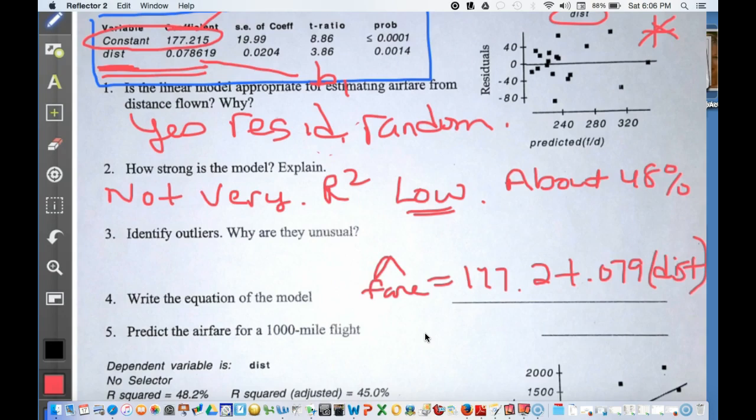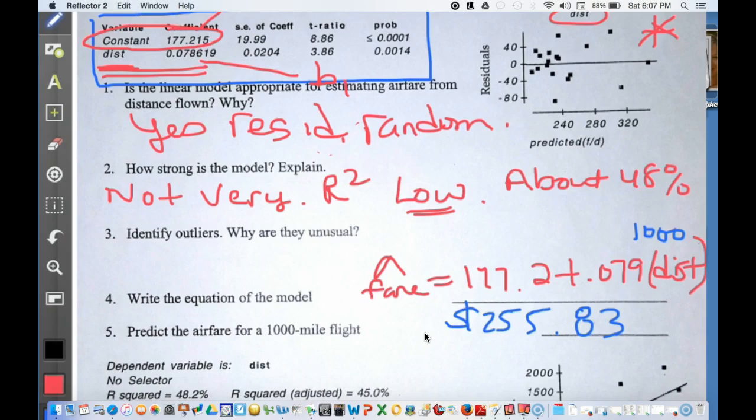As you can see, we got that right off of the computer printout. Again, the y-intercept was way up here, is the constant, and underneath it is the slope. Now, if I wanted to make a prediction, I could go ahead for, say, a 1,000-mile flight. I could plug in 1,000 and then make my prediction, which if you do this would turn out to be 255.83 or $255.83.